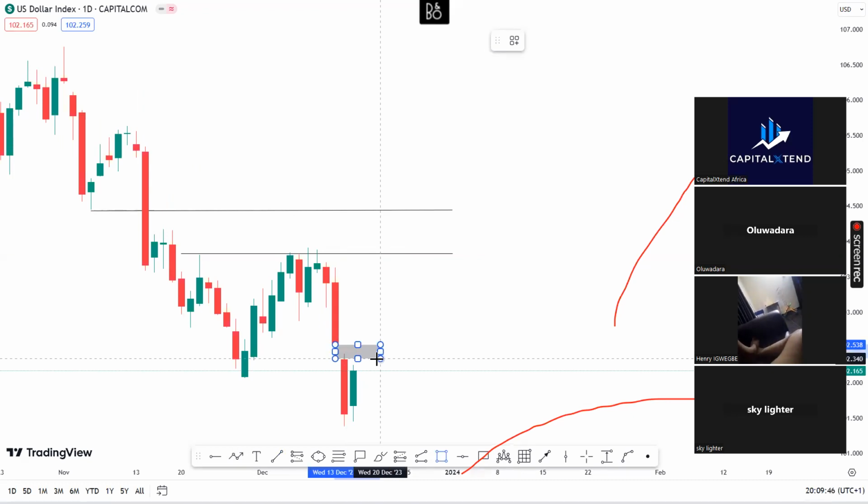So I can see this gap on daily, and I can see another gap here. Opening gap.